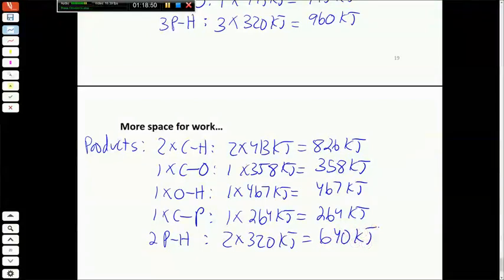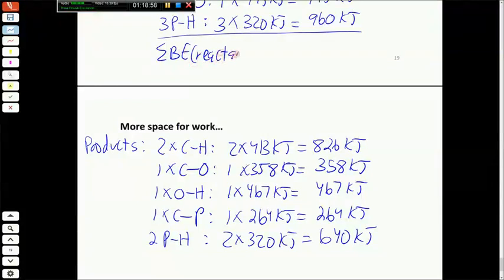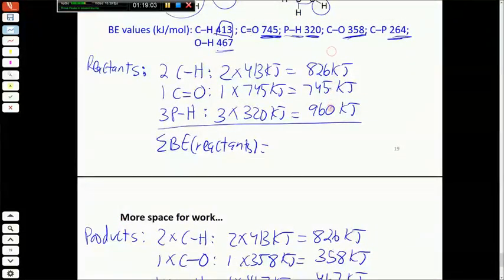And then we just have to add both of these up individually. So on the reactant side, the sum of the bond energies for reactants is just going to be these 3 numbers all added together. And so I got 2,531 for the sum of the bond energies on the reactants.